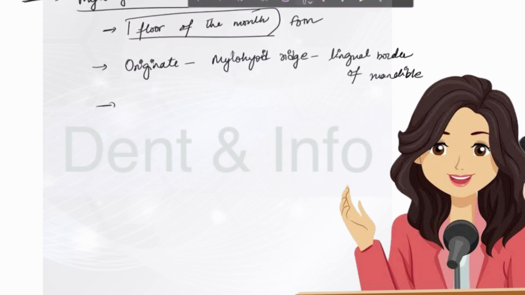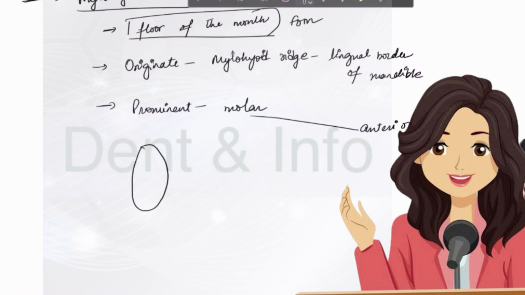Mainly, how is it? It is very prominent in the molar region, and then gradually it tapers down to your anterior region. So cross-sectionally, if I have to draw it in terms of mandible, if this is your bony area, right, in the molar region, it is located quite high, the attachment.